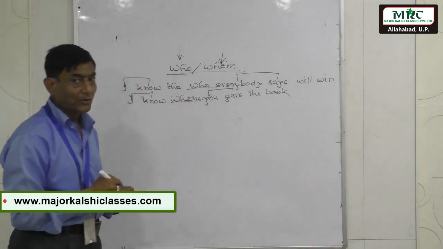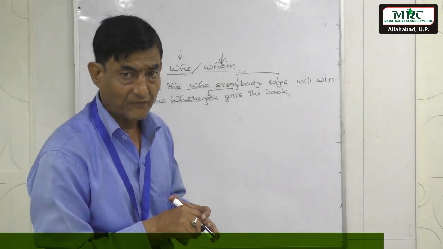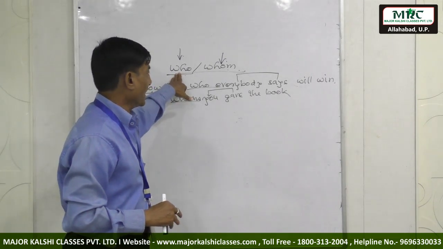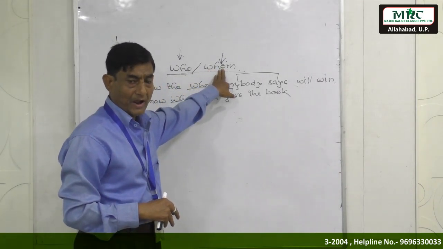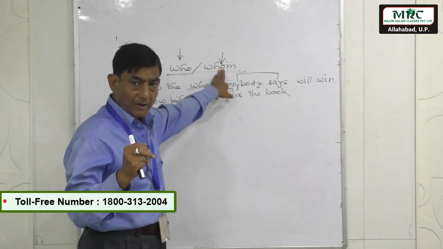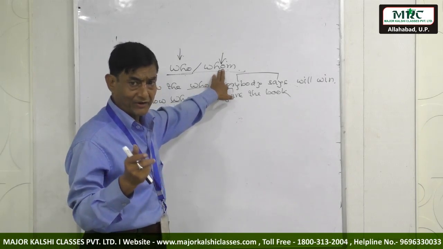So if this rule is clear in the mind of every student, there is no question of any doubt where we have to use who and where we have to use whom. And it is one of the very important rules of pronoun, and usually it surfaces in your paper.